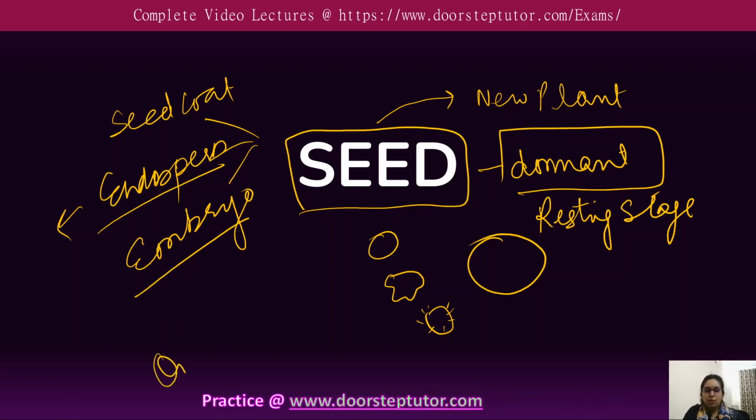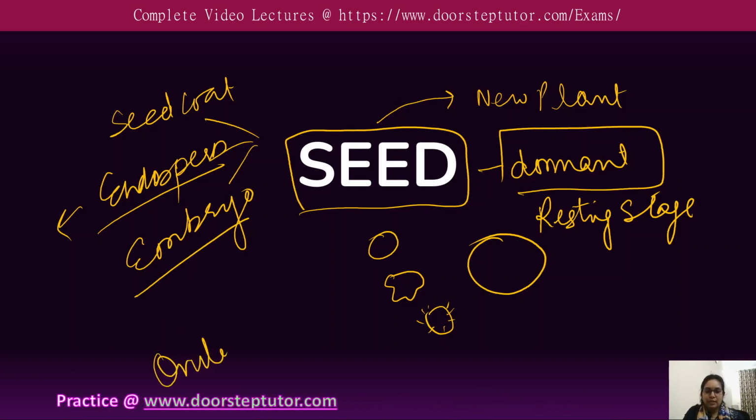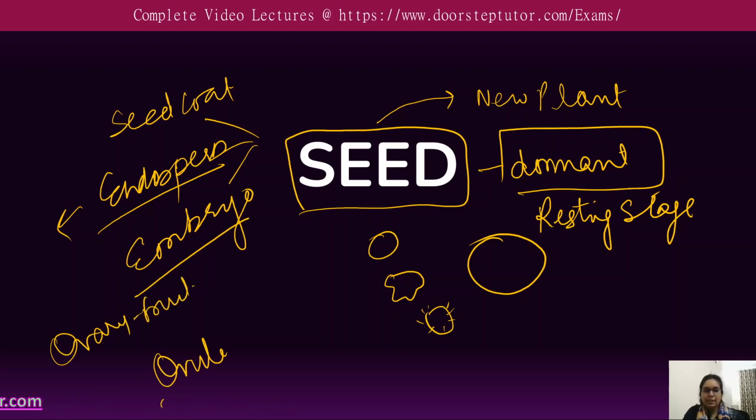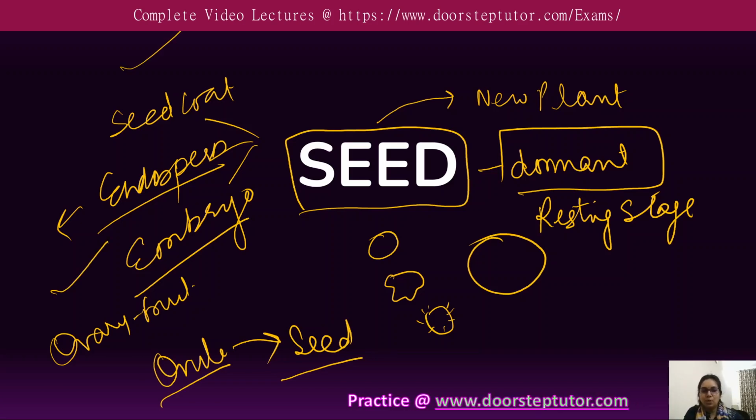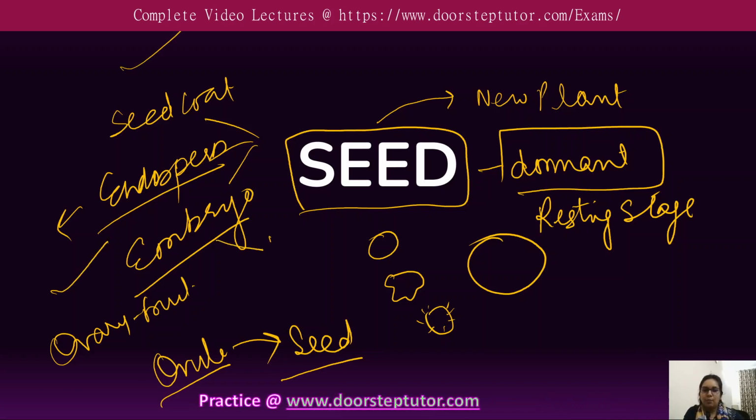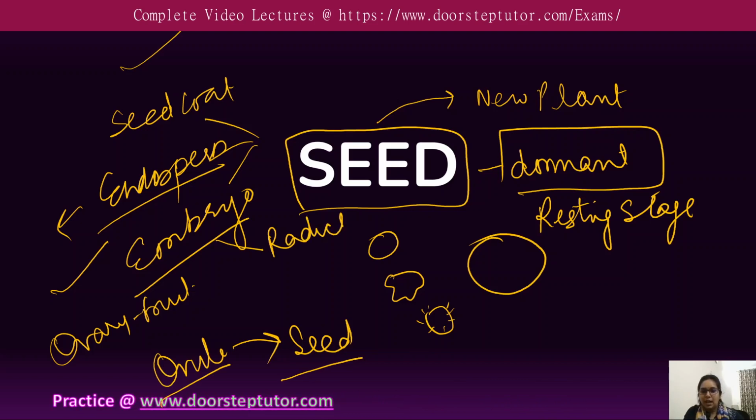So these are the three parts of the seed. Now the ovule, what happens? The ovary and the ovules are there. So the ovary is converted into the fruit, while the ovules after fertilization develop into the seed. So the seed is made up of the seed coat and the embryo, and the embryo is again made up of the radicle, the embryonal axis, and one or two cotyledons as per the type of the seed.